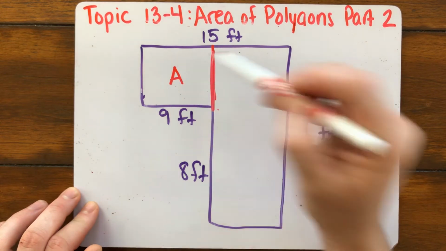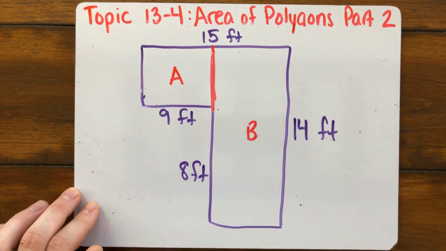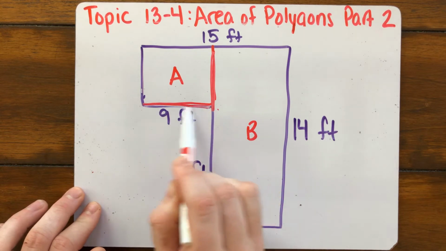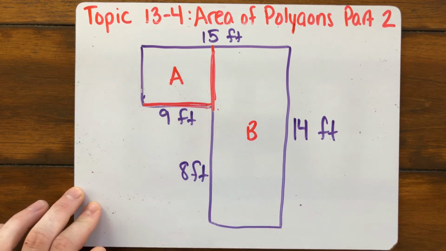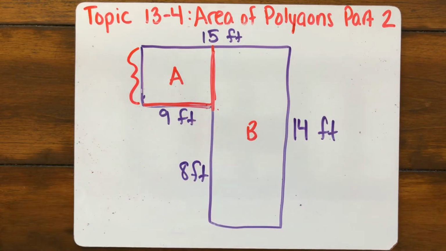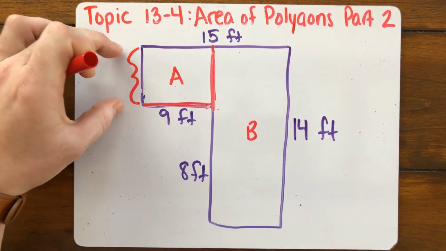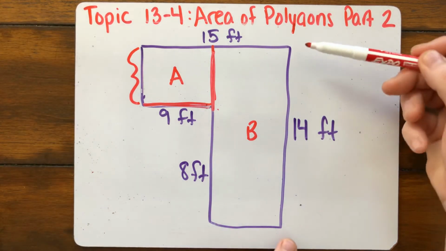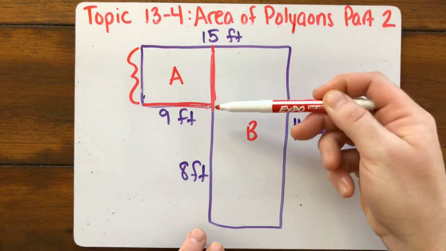So I like to label A, B. So let's start with A. I see a dimension of 9. But then how can I find this dimension? I see this is like a height kind of, or maybe a width if you want to call it that. I see this whole thing's 14 and this is 8.